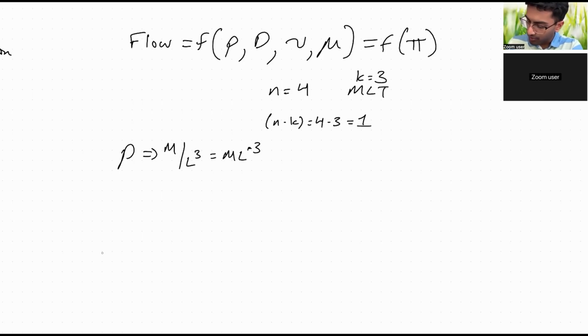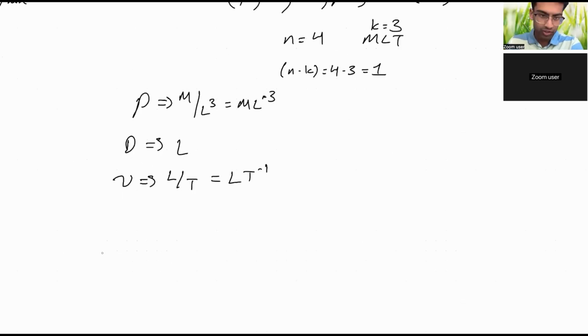Diameter is pretty simple. This one's just a length, L. The velocity is length per time, or L T^-1. And the viscosity, which if you're pretty new to chemical engineering you might be new to, is mass over length times time, or M L^-1 T^-1.